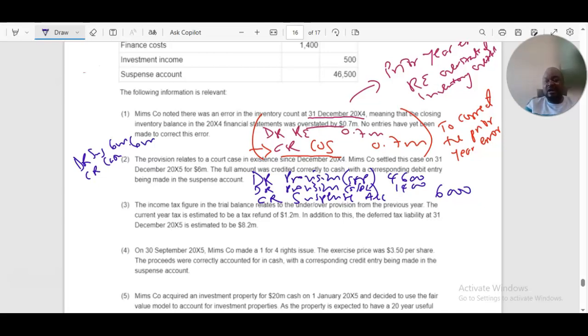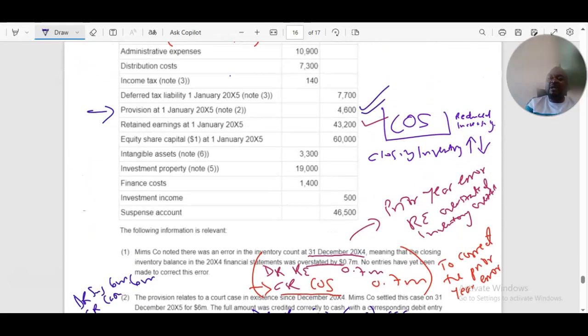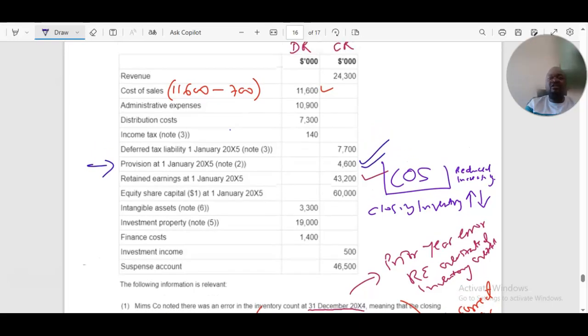But we have opened the relevant accounting entries. One thing for certain, if you look at the trial balance, remember this is where you are going to construct your statement of financial position, your statement of changes in equity, your statement of profit or loss, whatever the examiner wants you to construct. So be mindful of the classification of accounts.